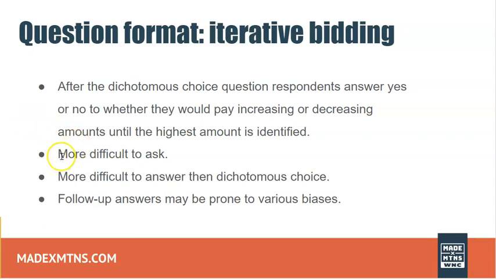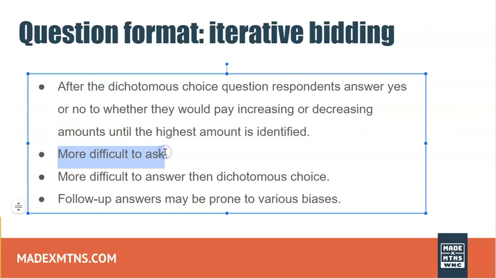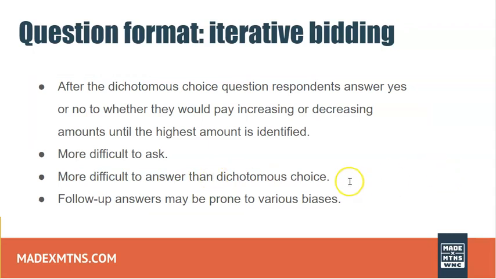So the question is more difficult to ask, and it is more difficult to answer than dichotomous choice because you're just answering more questions. And as the dollar amounts get narrower and narrower, closer and closer to what an actual willingness to pay would be, sometimes it's still difficult to make a choice.